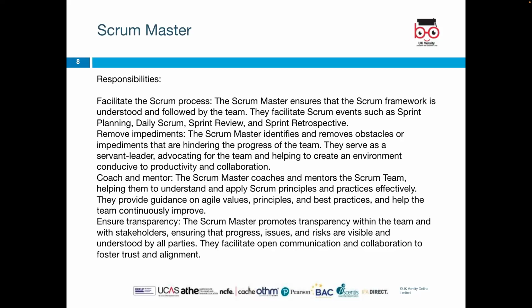They also coach and mentor. A Scrum Master coaches and mentors the Scrum team, helping them to understand and apply Scrum principles and practices effectively. Lastly, they ensure transparency. The Scrum Master promotes transparency within the team and with stakeholders.